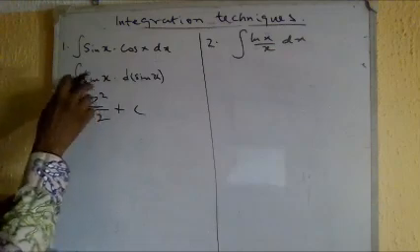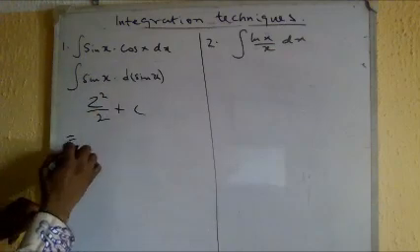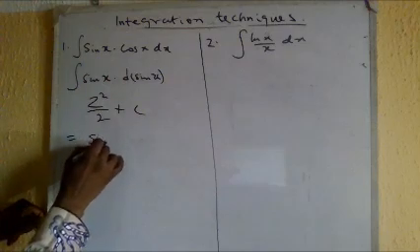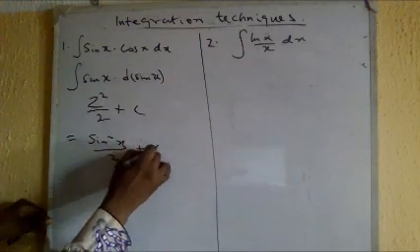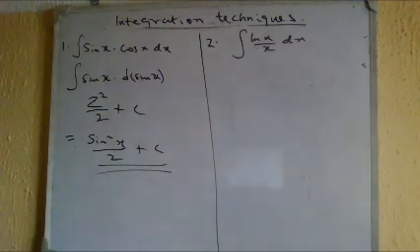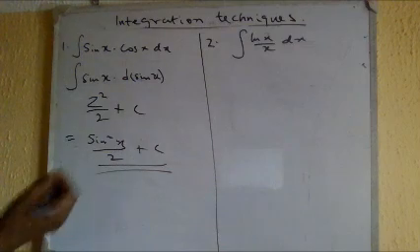So therefore, this one straight away I can say is sine square x over 2 plus c. That's the integral of the first question. So for this one too, if I bring out, there are two products here.